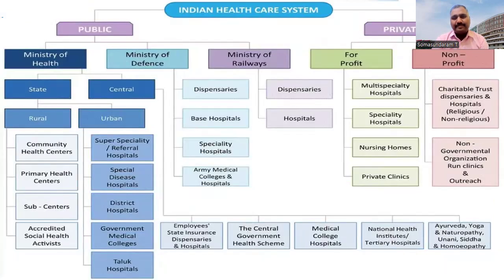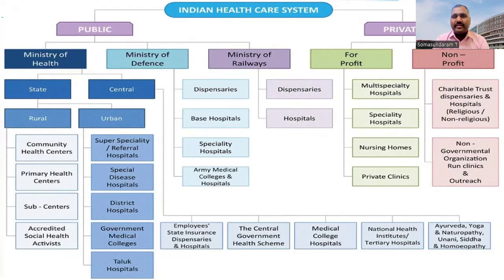Now, this is an important layout, a chart of how the healthcare system is followed in India. As I already mentioned, we have both public and private sectors. Under the public sector, we have primary healthcare centers, community healthcare centers, and hospitals located in rural, urban, and semi-urban districts and taluks. The public sector is categorized in three different ways.